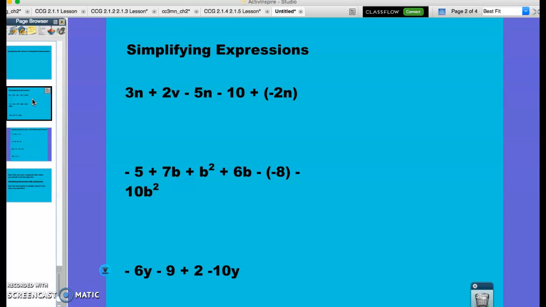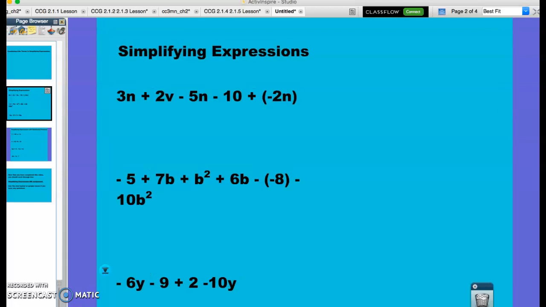Okay, so strategies that I like to use. When I'm simplifying my expressions, I like to make sure that I underline all of the common terms. Okay, so in this one, I've got 3n minus 5n, and then plus a negative 2n.